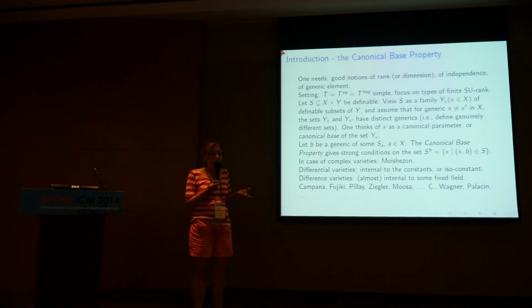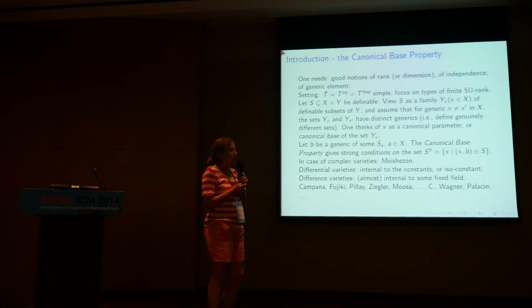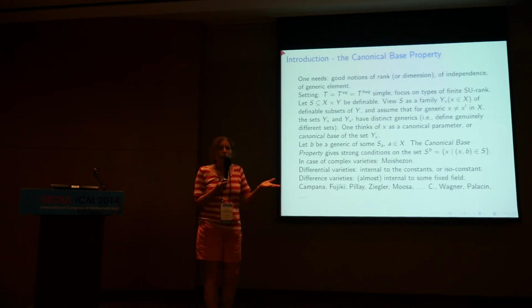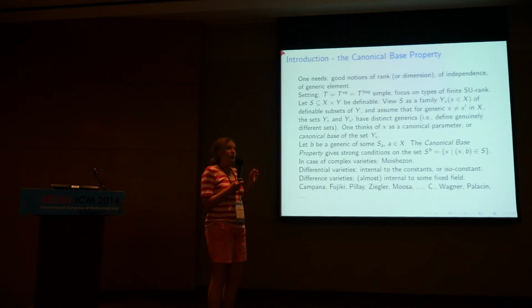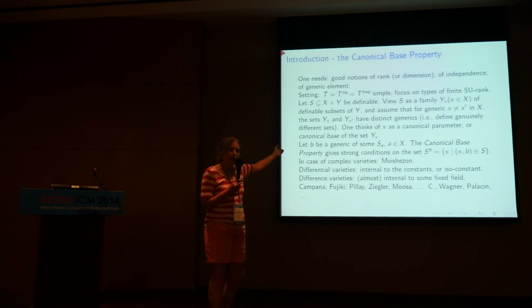So this smallest difference field is going to be what we call the canonical base of our definable set, all right? Now, this difference field is going to be finitely generated as a difference field, all right? So you can now change the viewpoint, which means I was looking at a generic of my difference variety. Let's call it A.